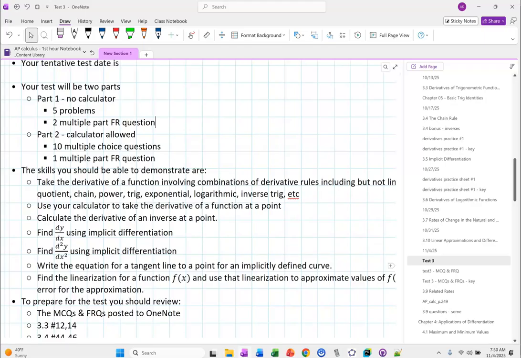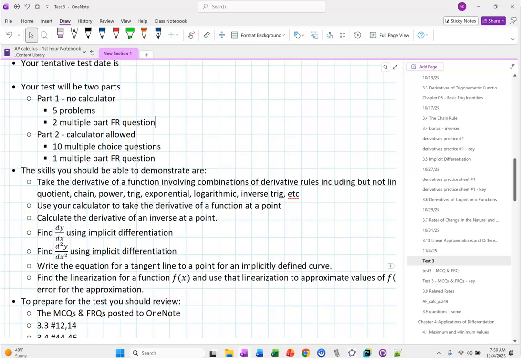And then 2 FRQ questions. I'm going to say FRQ questions, it's like saying ATM machine. The Q is question. Like 2 free response questions. Anyway, and part 2 is the calculator section. So you have 10 multiple choices there and then 1 free response question.